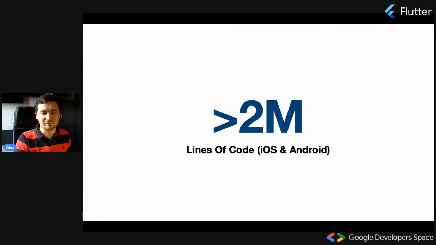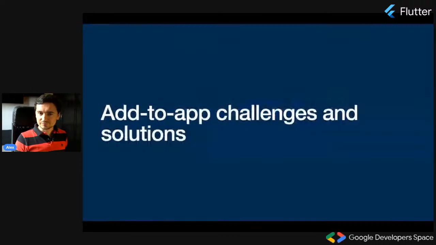If we talk about the native part, our native application for both iOS and Android has more than 2 million lines of code. I think much more than that. Don't know the exact number as of today. It creates a lot of challenges, and it was actually one of the reasons we started using Flutter, because building such a huge code base without any optimizations is quite challenging and time consuming, especially on your local machine.